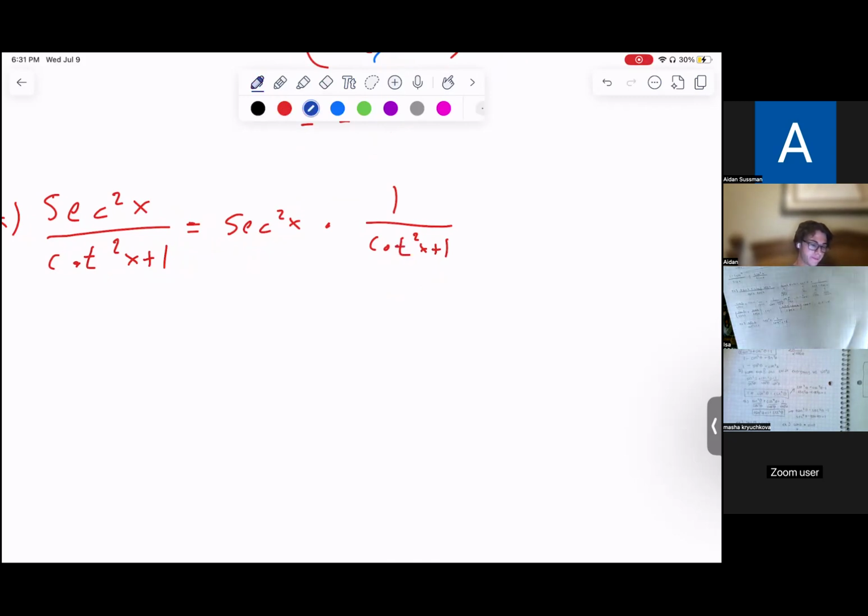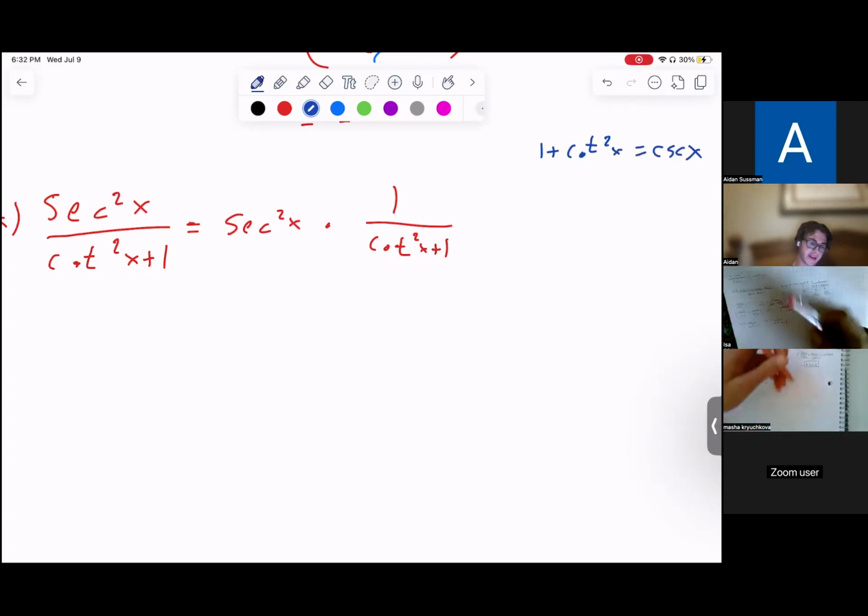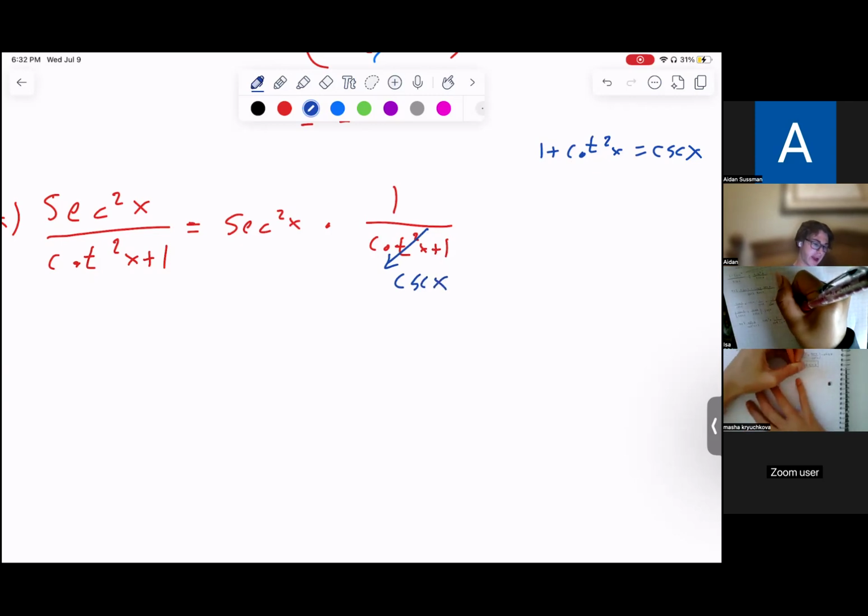Oh, yeah, that would be 1 plus cotangent squared of theta equals cosecant squared of theta. Exactly. Equals cosecant of x. And even if the one is on the other side like it is here, it means the same thing. So that's perfect. We're going to replace this with cosecant of x.